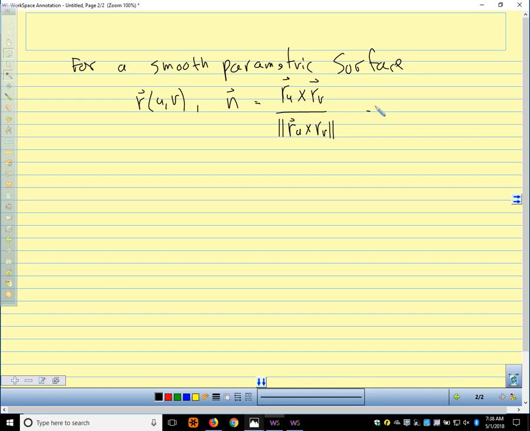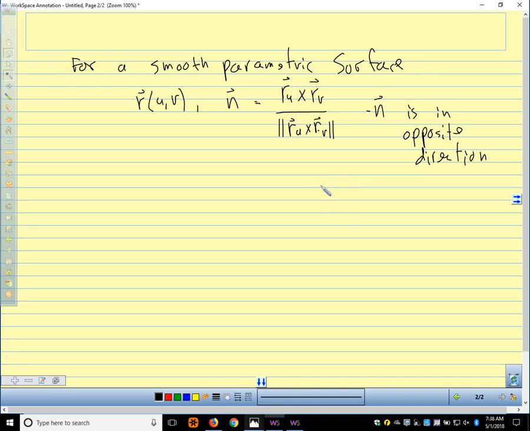And negative n is in the opposite direction. So those are our two unit normal vectors at a particular point. I forgot that looked more like an r. There we go.